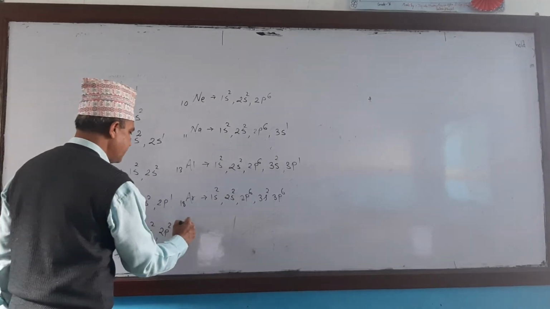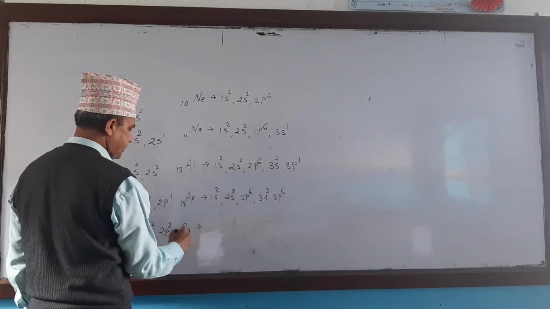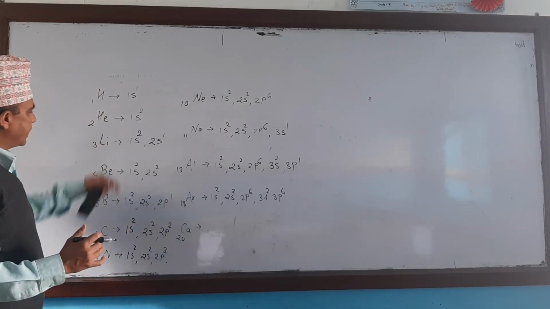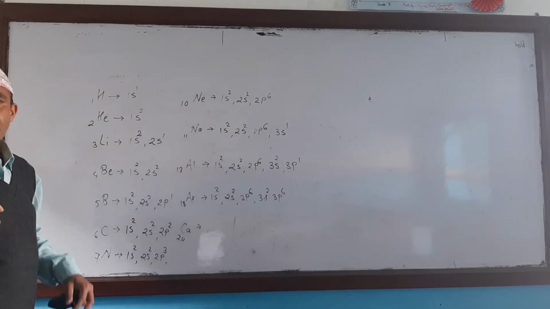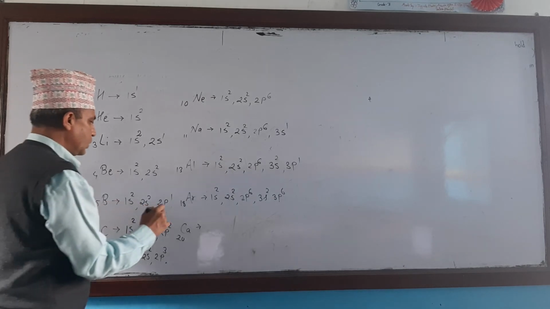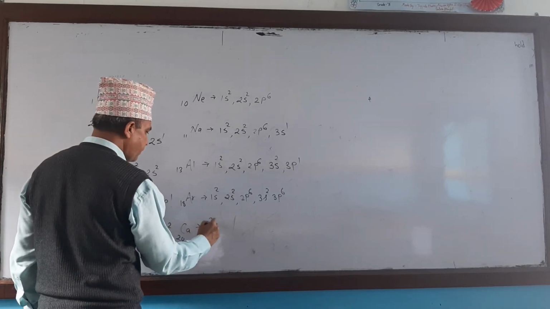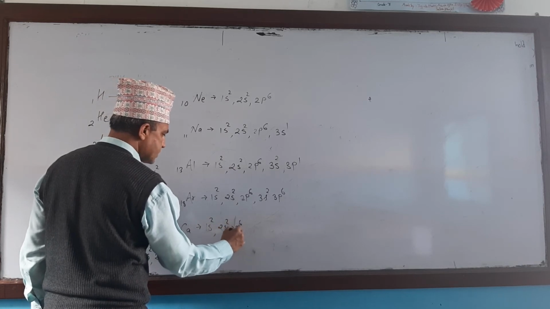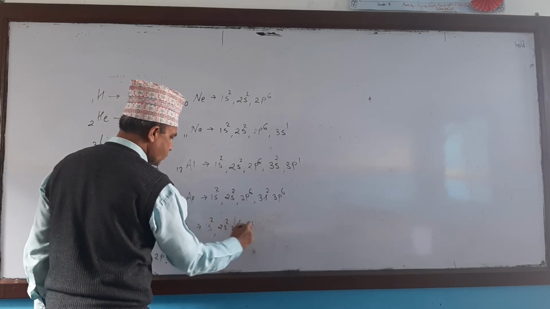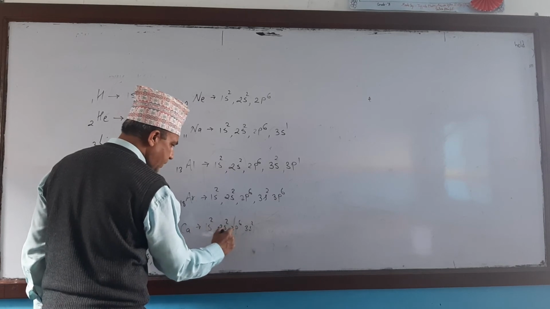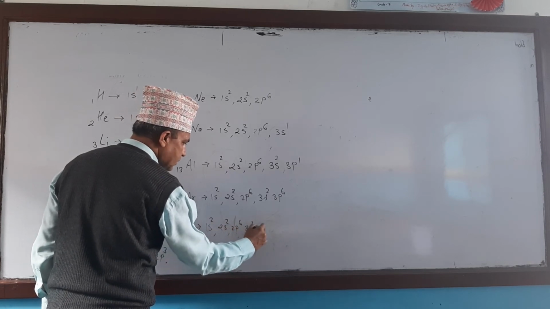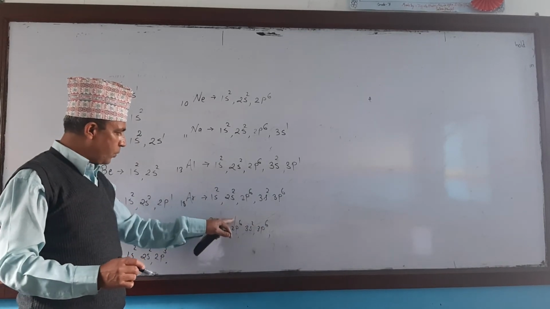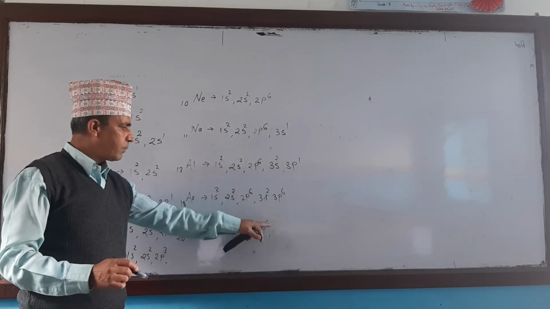Now calcium is next. Calcium atomic number is 20. Why am I giving the gap? So that you can practice yourself. Remember, 1s2, 2s2, 2p6, 3s2, 3p6. 2 plus 2, 4, 4 plus 6, 10, 12 plus 6, 18.